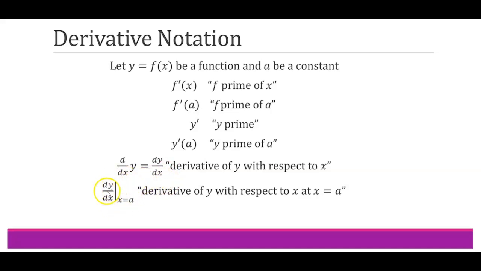And if we want to use that notation but indicate that we're taking the derivative at a specific number, what you're going to see after the dy over dx is this bar here. And that's take the derivative of y with respect to x at x equals a. So you have this big bar that reads at, and then x equals some particular number.